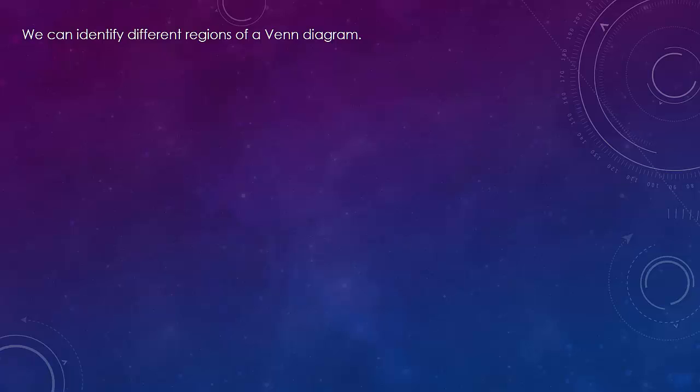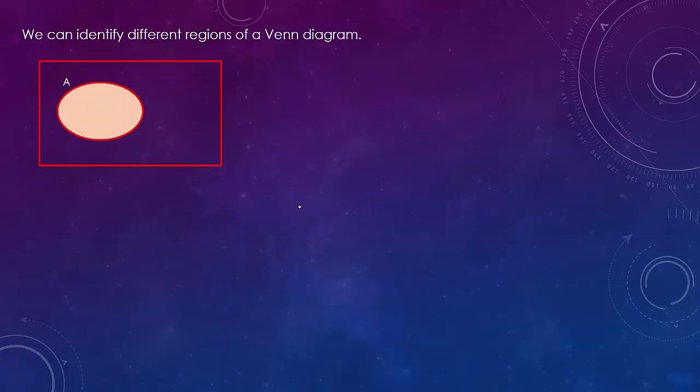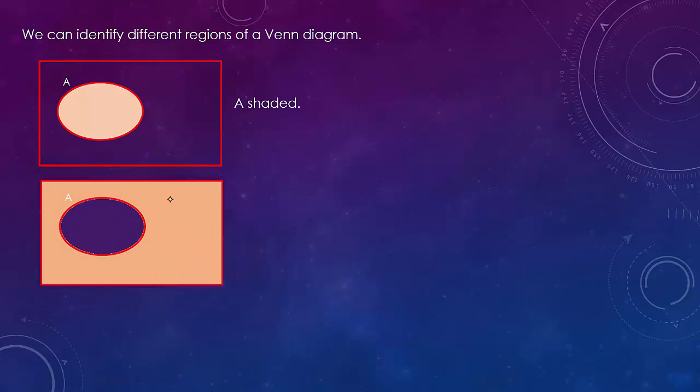We can identify different regions of a Venn diagram, and we'll look at some basic ones here. This diagram indicates the set A shaded. Here we've shaded the outside of A. So that's the complement of A shaded. Everything that is not A is shaded.